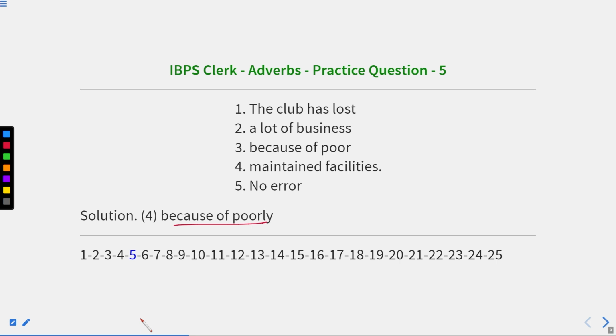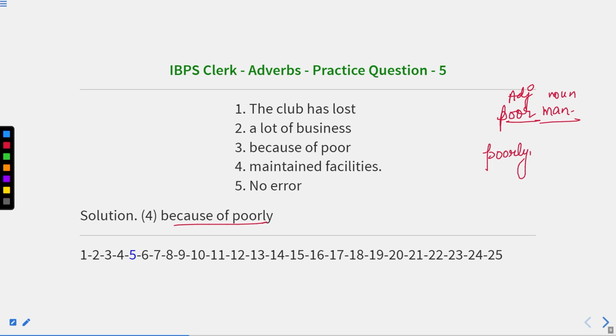Poor man, suppose I say poor man, so we can see over here that man is a noun which can be qualified by an adjective. But poor is an adjective, so when we need an adverb of this, it will be poorly.